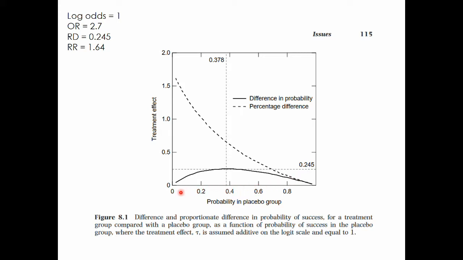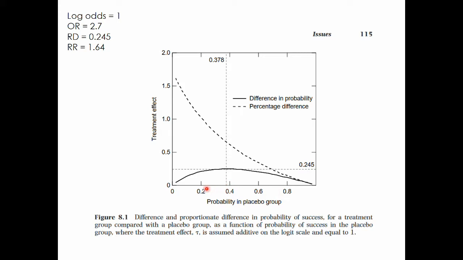However, for the other two things, either the difference in probability, the risk difference, or the increase in the relative risk, which is this line, you can see those things change dramatically as the probability in the placebo group changes.